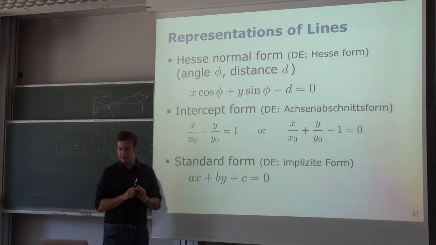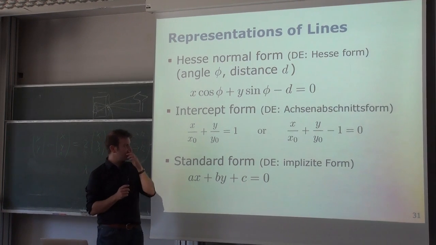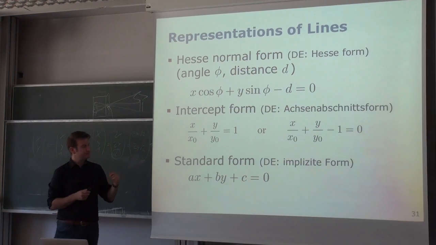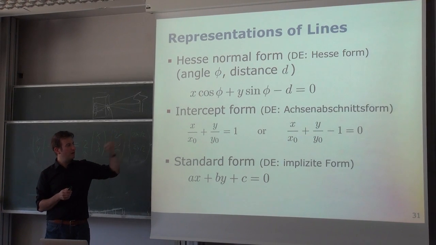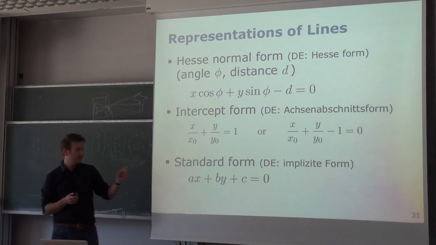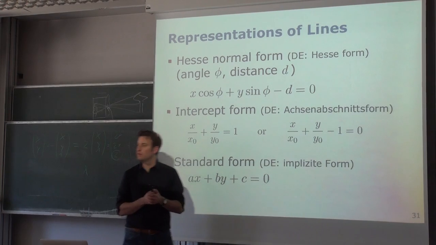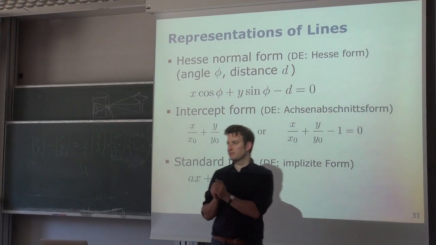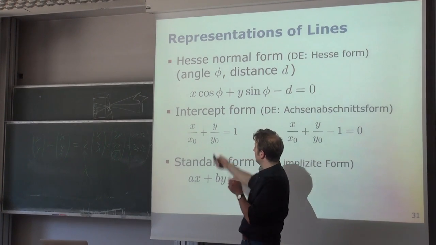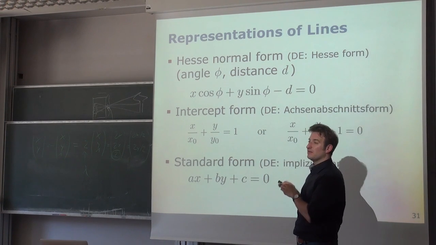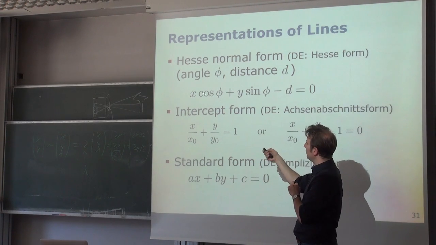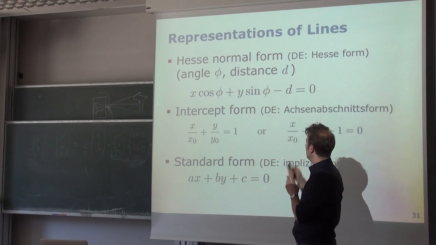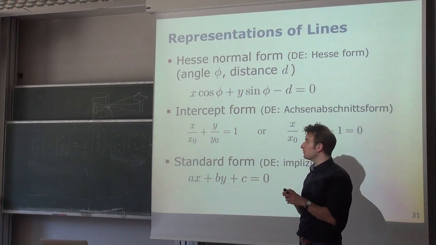The important thing in here is that we always have an equation, and we always have an equation in which something is equal to 0. So I have a component with x, a component with y, a constant component, and 0 over here.